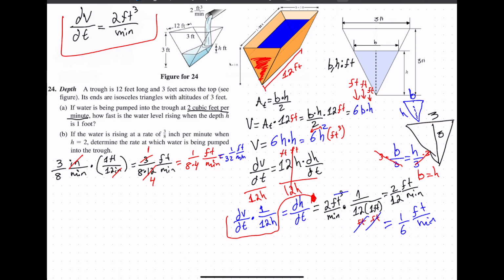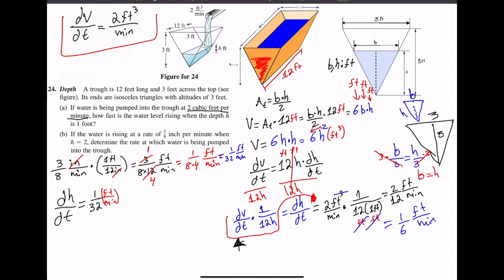Now that we have that information, it's just a matter of plugging into our equation to find the rising rate. So dH/dt, we have the formula already, and that's equal to dV/dt, which is here, right? So dV/dt, the change in that is 1 over 32, and that's in terms of feet per minute. I'm going to use a red color to denote feet per minute, just to not get lost.